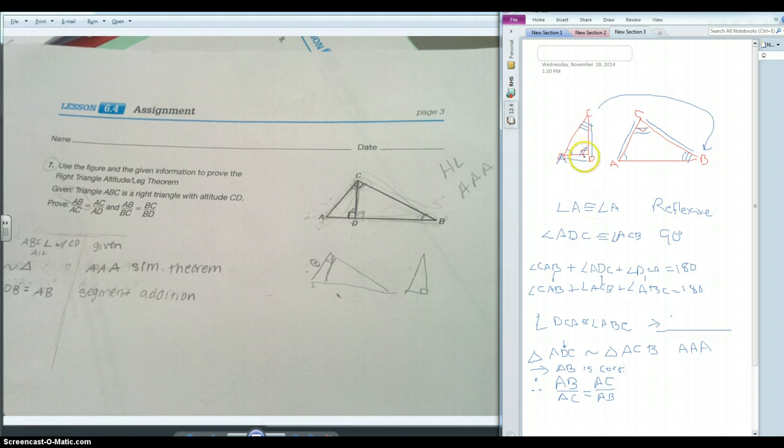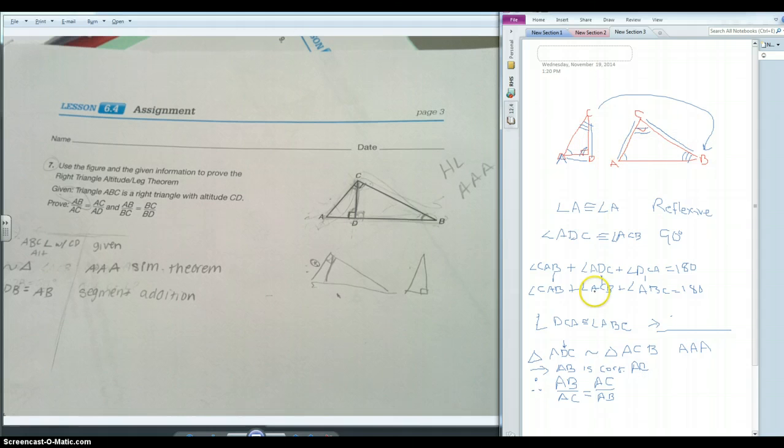AB, so A to B, this one is your hypotenuse. It corresponds to A to C. So these correspond to each other.